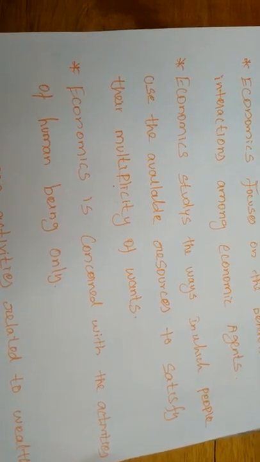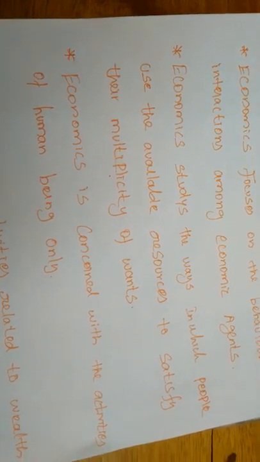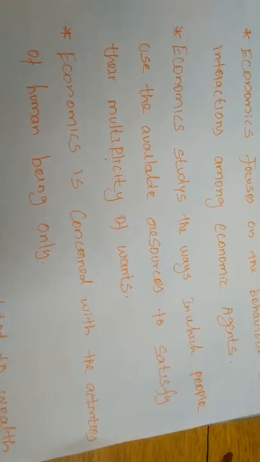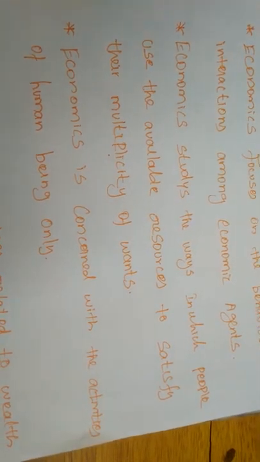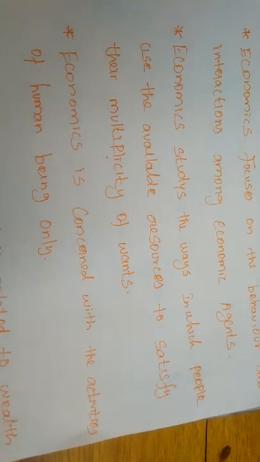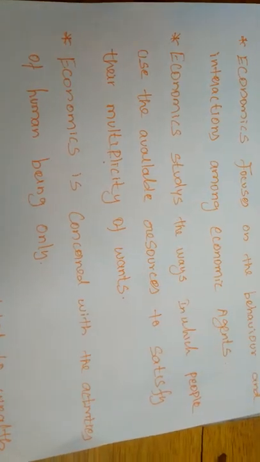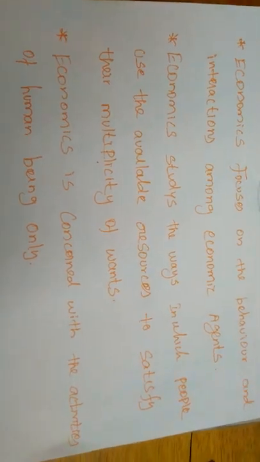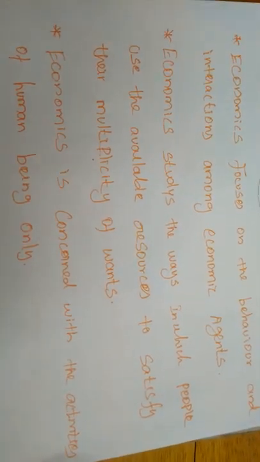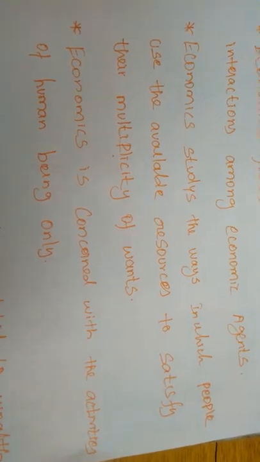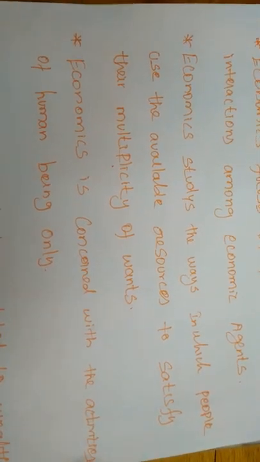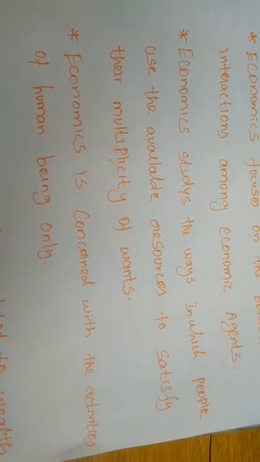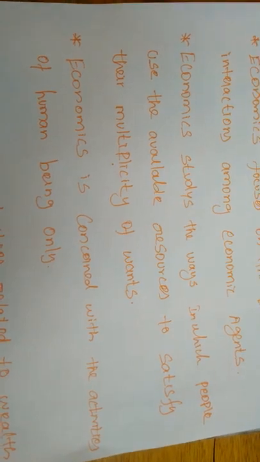We must also know the way of using the available resources. Because more natural resources are available, we should not use all of them to produce a particular amount of commodities. In a proper, optimum way, we have to use the natural resources to satisfy the multiplicity of wants. So in this way, the second definition is concluded.